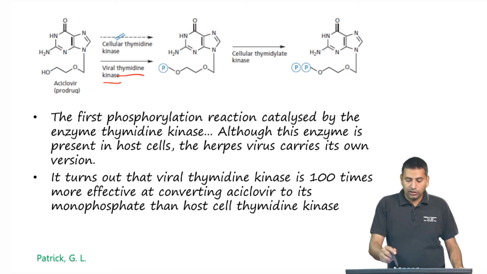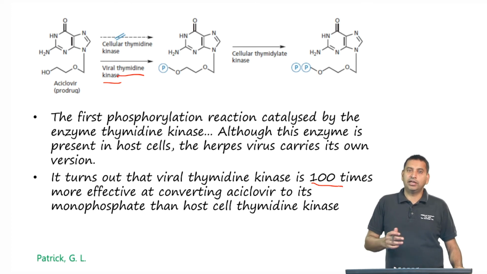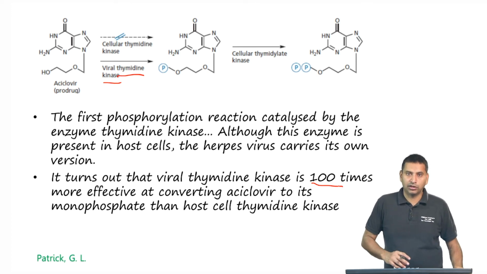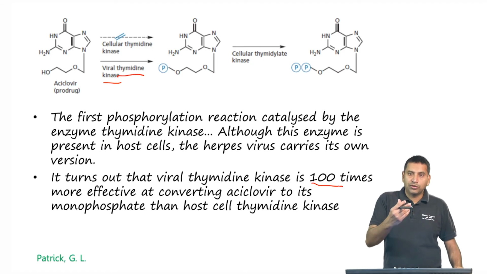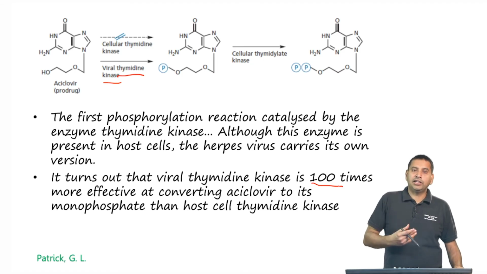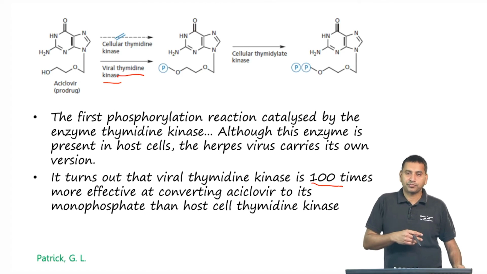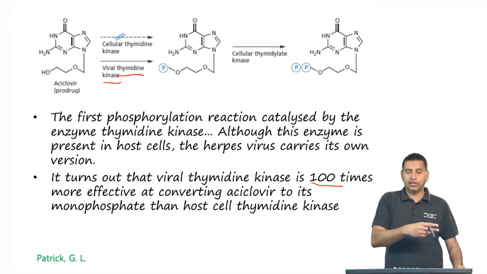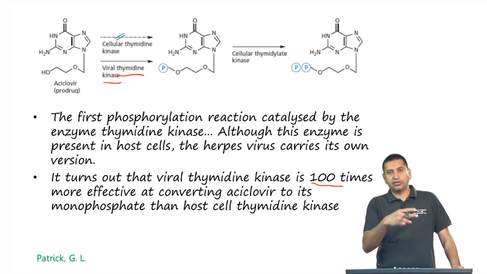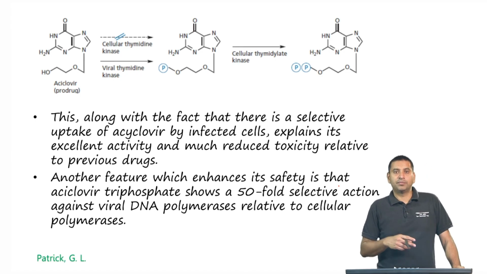But it turns out that the selectivity towards the herpes virus, the viral thymidine kinase, is about 100-fold higher. Therefore, the thymidine kinase present in viruses is actually more effective in doing this phosphorylation compared to the host cell, and this is one reason why it is selective.